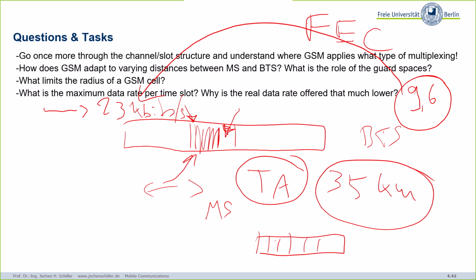So user data rate means really the data rate you can use in the end. So stealing some of the bits, then having some packet headers, or checksumming if you use it, plus forward error correction redundancy. This all contributes to these 13 kilobit per second.